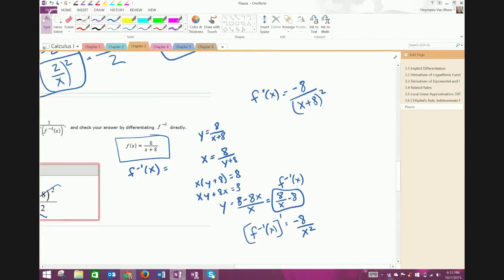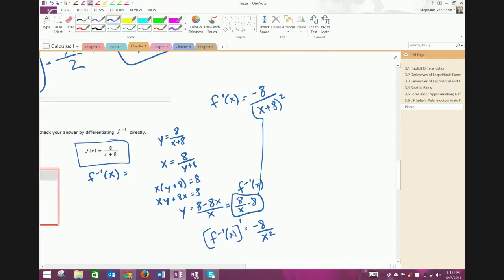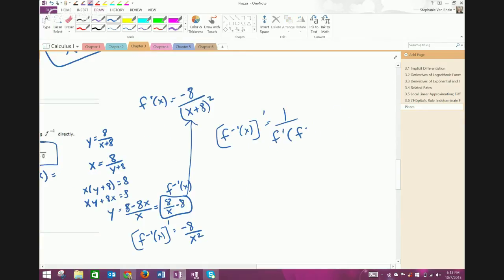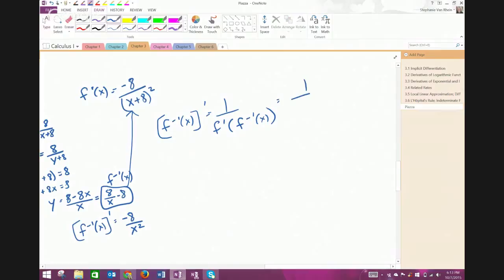So if I want to use the formula, I have 1 over the derivative of the function, but evaluated at the inverse. So the derivative of the function, minus 8 over x minus 8 plus 8 all to the second power.